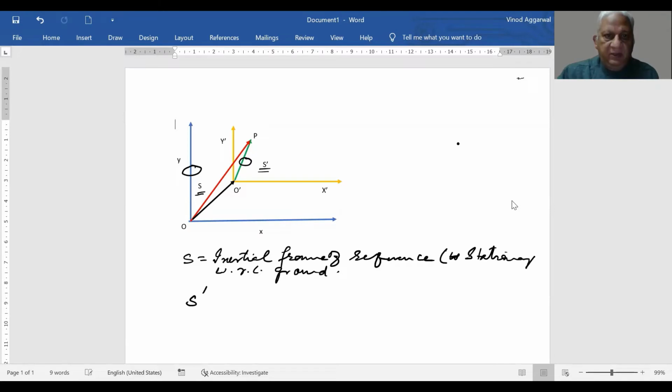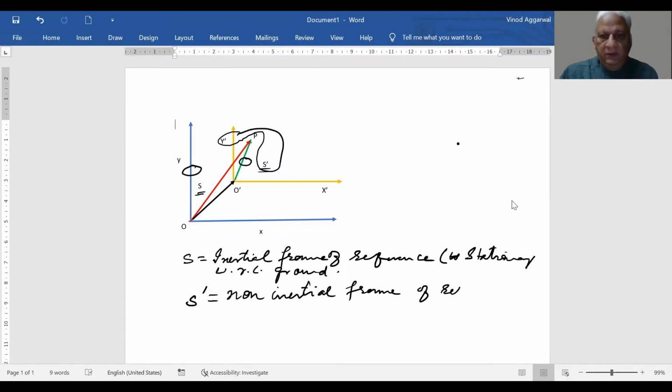Another frame of reference, the S dash, which is moving with respect to ground, we call the non-inertial frame of reference. That is, it is moving with respect to ground.